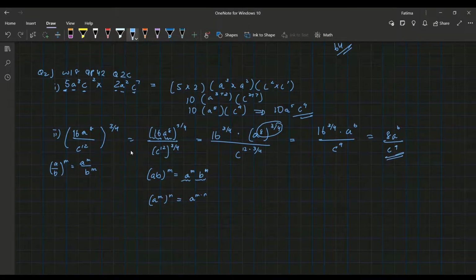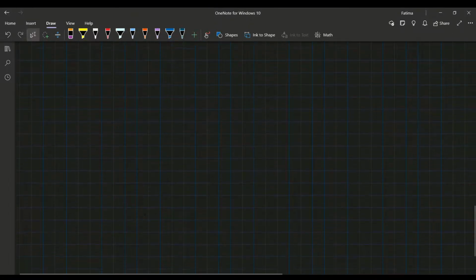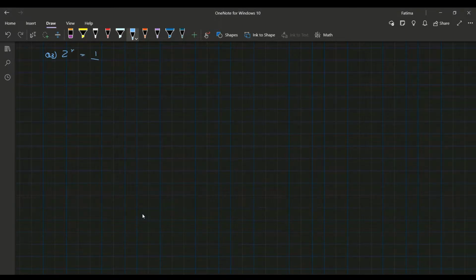Okay, so now we'll move on to the next question. In this question, we're given that 2^r is equal to 1/16, and we need to find what r is. You should immediately recognize that 16 can be written as 4 squared, so that'll be 1 by 4 squared.